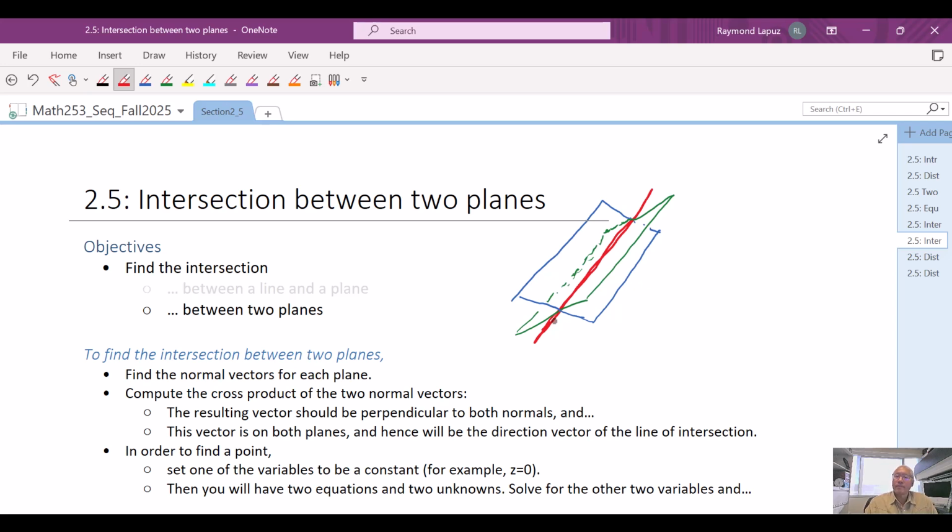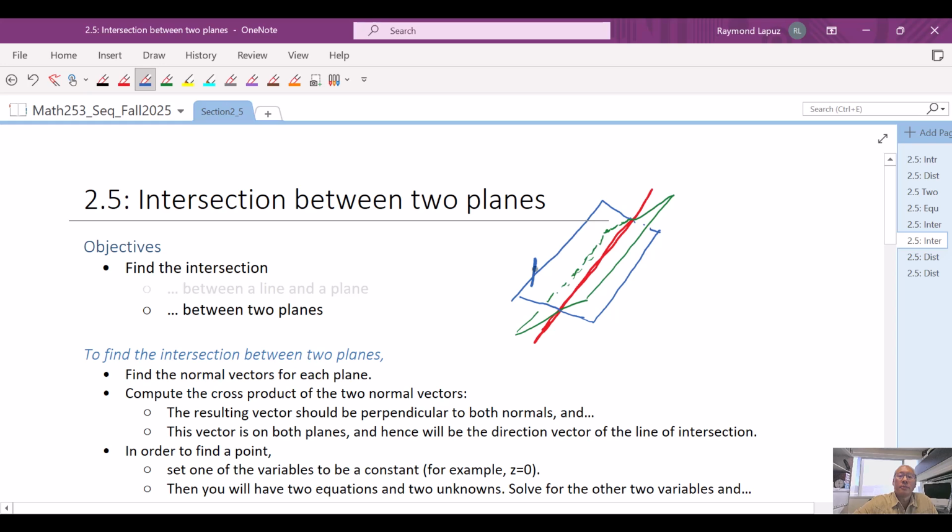I have to admit this is going to be pretty tough, but out of the two things that we need to find, the easier one happens to be the direction vector. So you need a point and a direction. Let's find a direction vector first. Each of these planes has an identifiable normal vector.